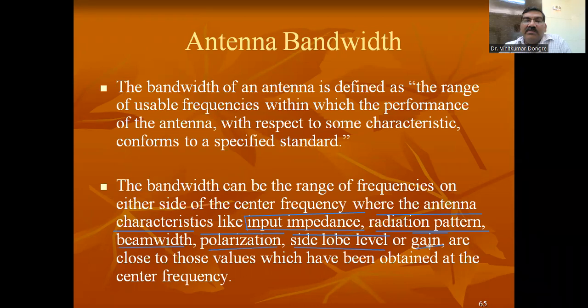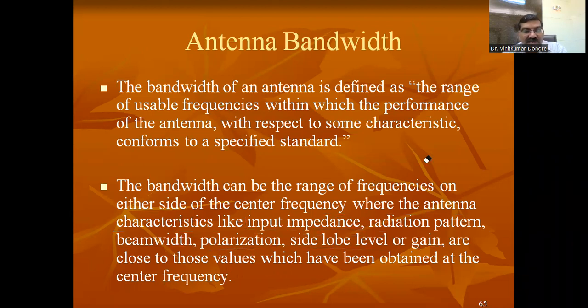They are separate. Impedance bandwidth is one, radiation bandwidth is another, beamwidth bandwidth is third, polarization bandwidth is fourth, side lobe level bandwidth is fifth, and gain bandwidth is sixth. But generally, impedance bandwidth is considered. Okay, so these are the various bandwidth parameters for an antenna.